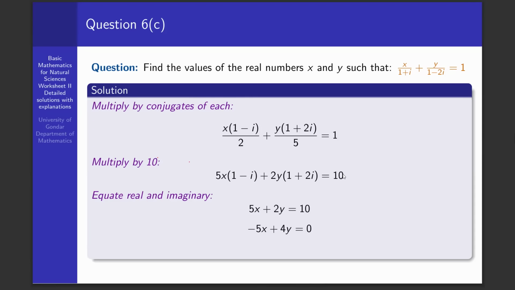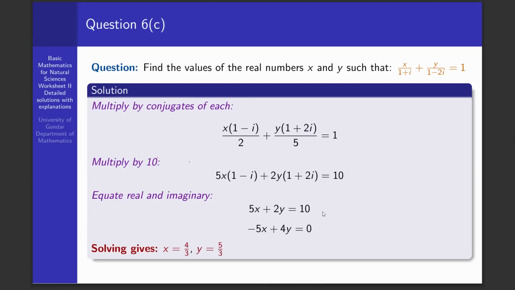But the imaginary part to the right of the equality sign is 0, therefore it is 0. Then when we solve this simultaneously, if we directly add them together, 5x minus 5x becomes 0, this is 6y, and this is 10, so that 6y is equal to 10.